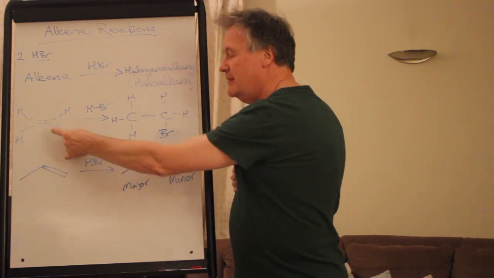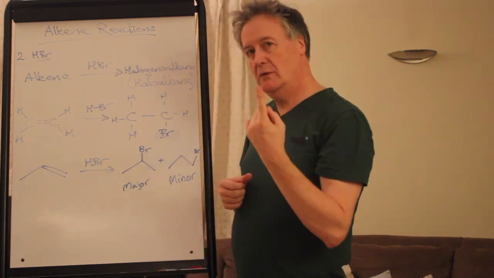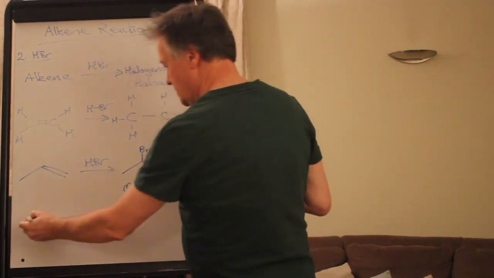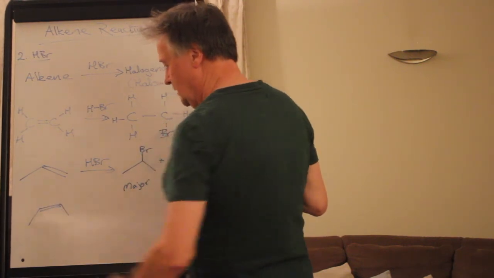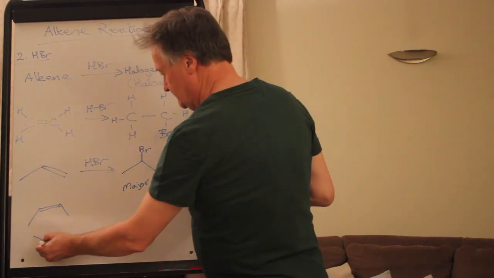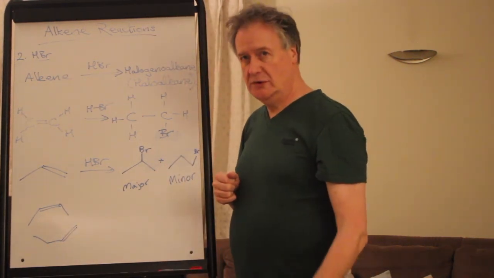Now this is symmetrical. So if the double bond is symmetrical, you get one product. So if the double bond is in a symmetrical position, so that is a symmetrical double bond, you'll get one product. That is asymmetrical, non-symmetrical.